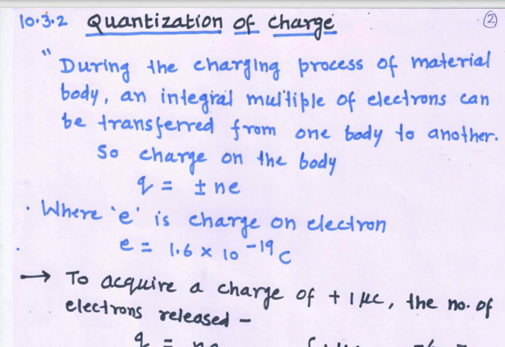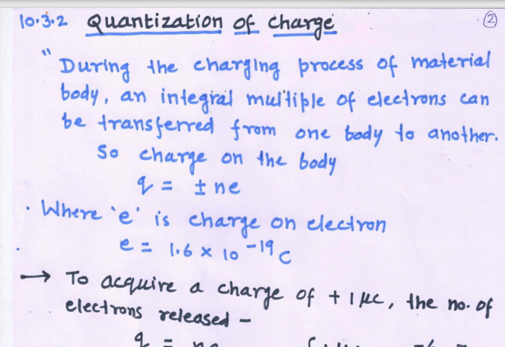The charge is 0. We know the methods of charging bodies: conduction, induction, and different chemical processes, all are different ways of charging bodies. Suppose by using any one of these methods, if one electron is removed from a neutral body, then the charge will be positive, because one electron is removed.